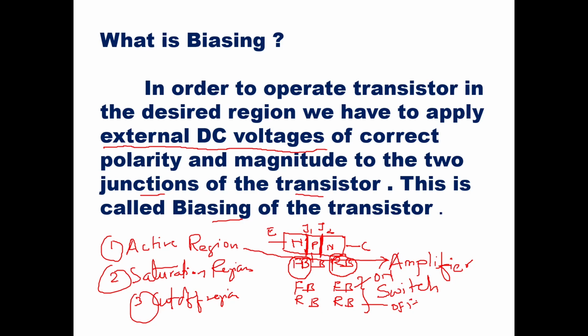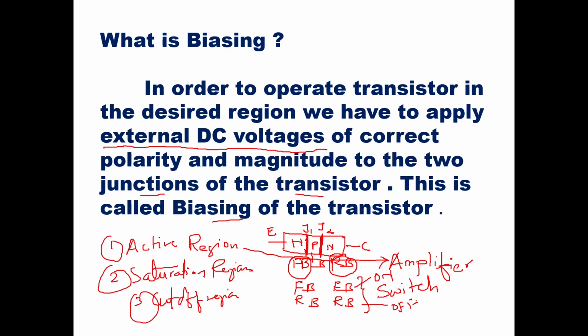In the case of an amplifier in the active region, we have to apply the DC voltage to the transistor so that junction J1 between emitter and base is forward biased and junction J2 between base and collector is reverse biased. After application of this DC voltage, you apply the signal to the transistor.